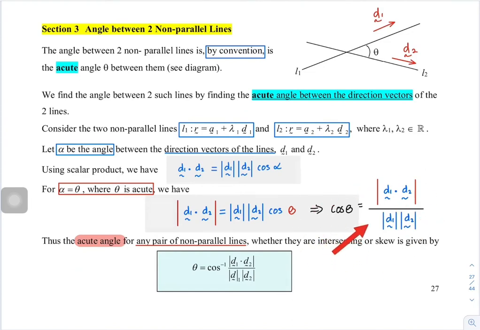So based on this, we can get the formula for the acute angle for any pair of non-parallel lines, whether they are intersecting or skew, given by this formula.